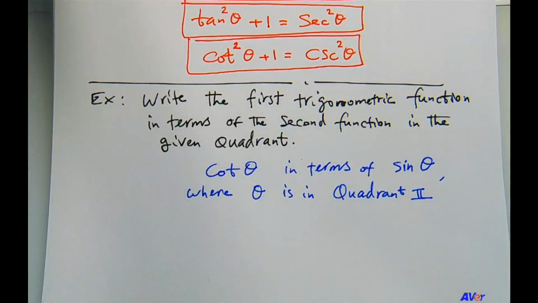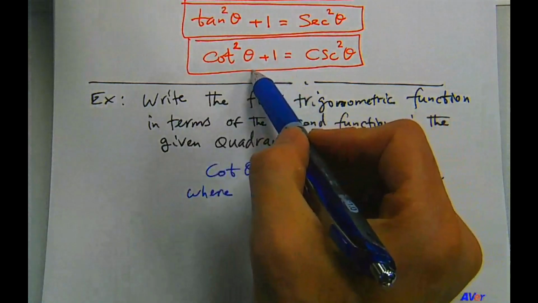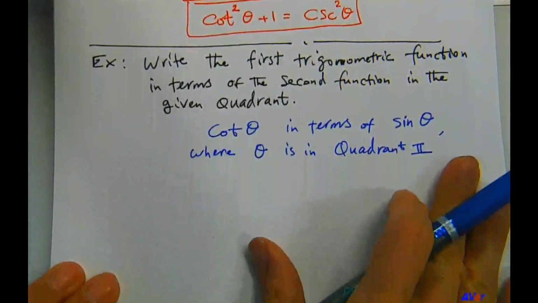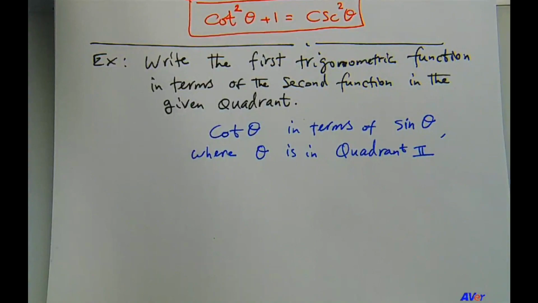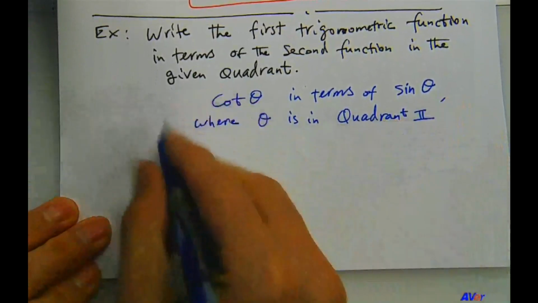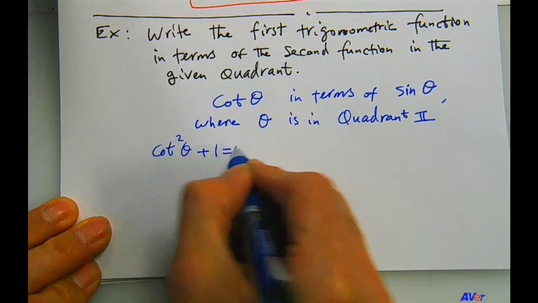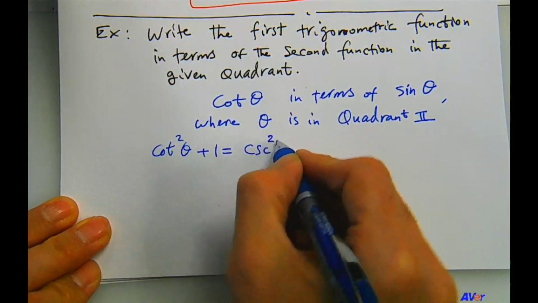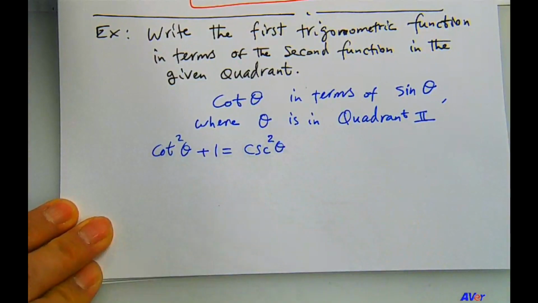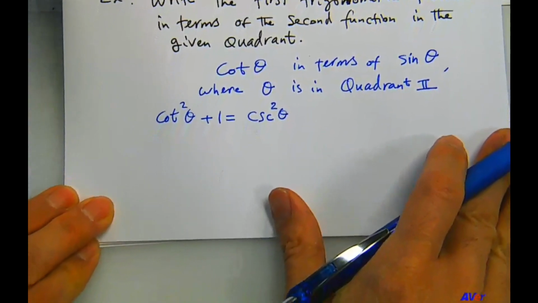So that's great. That's what we want. So let's use this formula to help us here. So we're going to write down cotangent squared theta plus 1 is equal to cosecant squared theta. All right? We're going to begin with that.